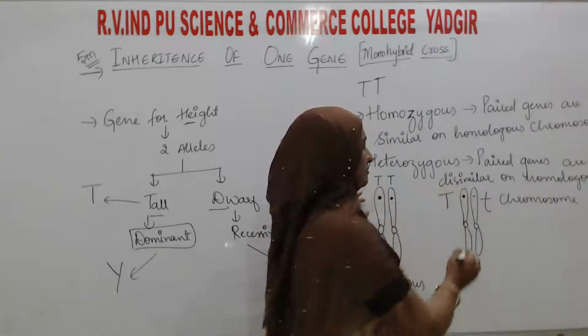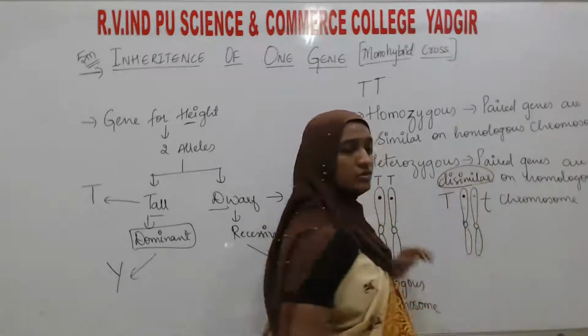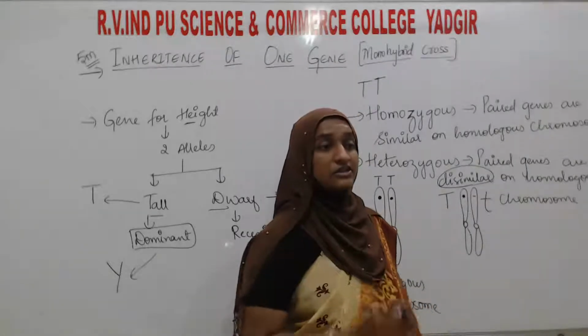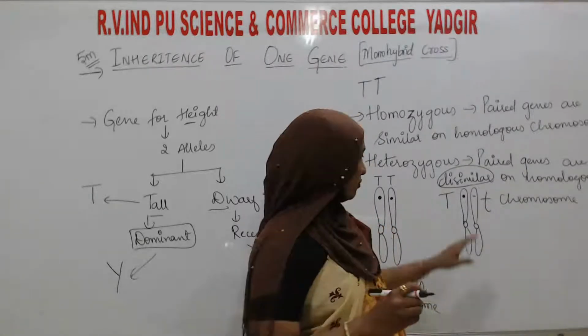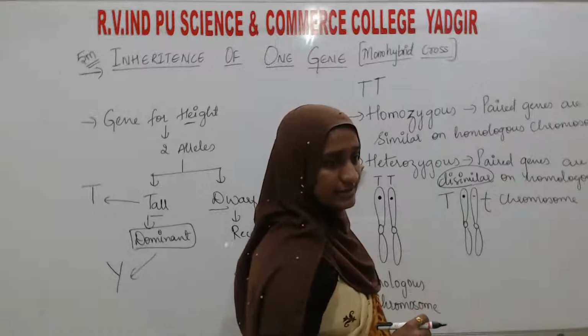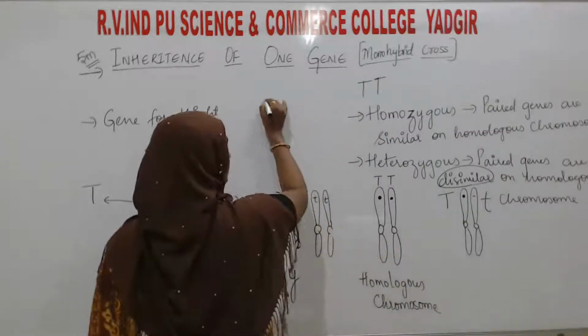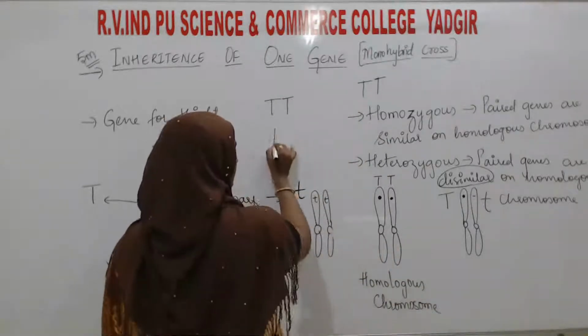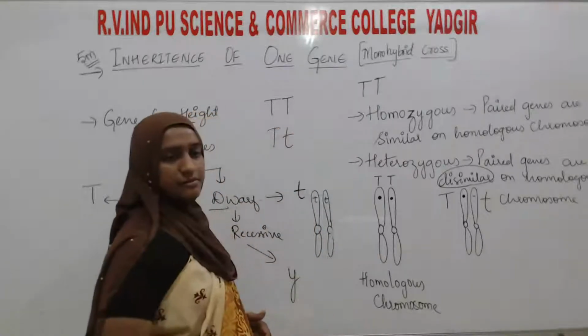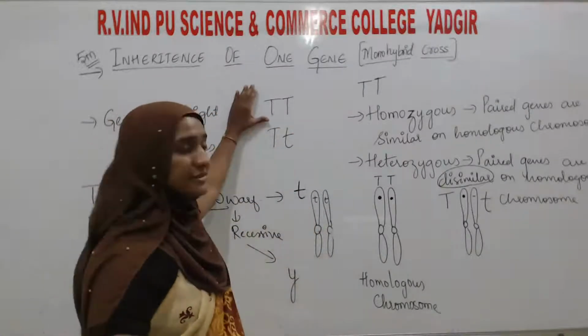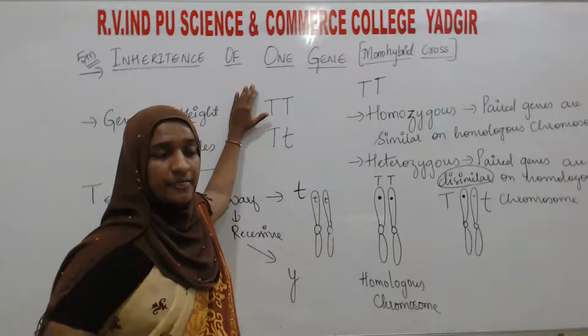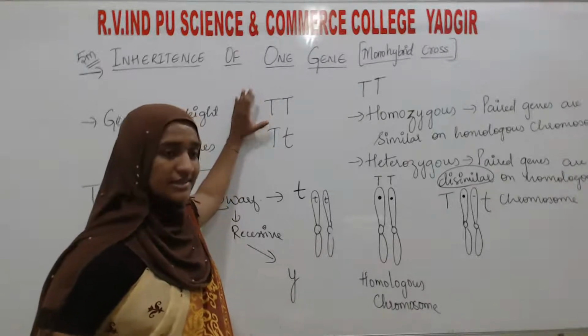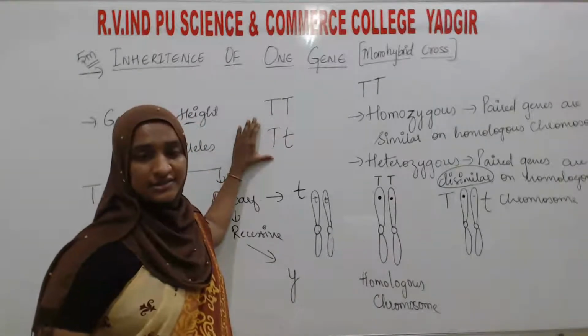Dissimilar on homologous chromosome. Such a condition we call heterozygous. Indirectly, this is homozygous, this is heterozygous. Same genes are there, that is the homozygous; this is the heterozygous.